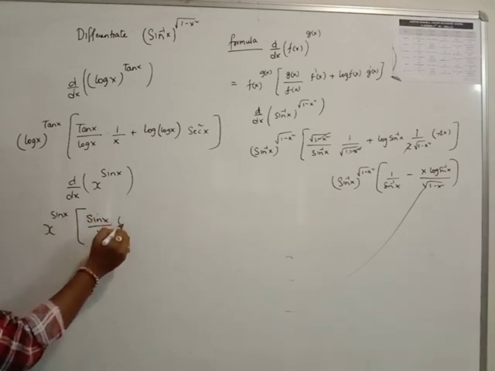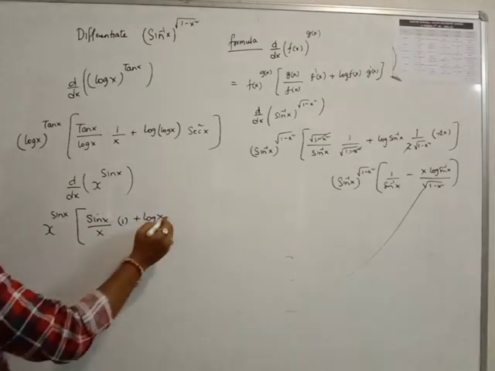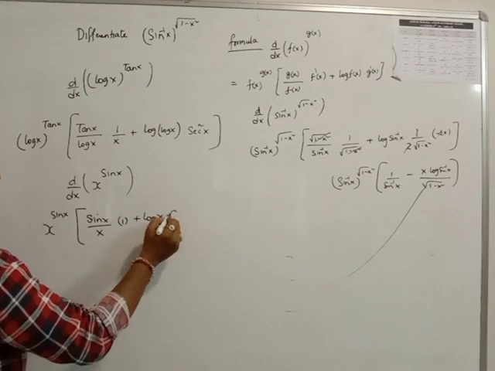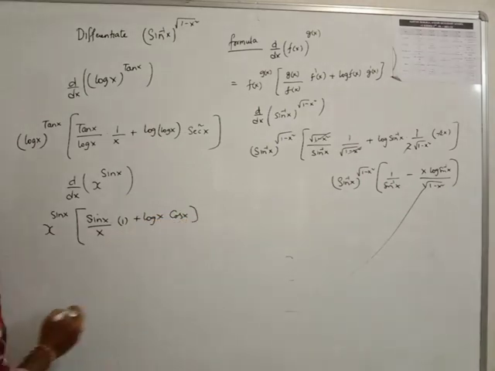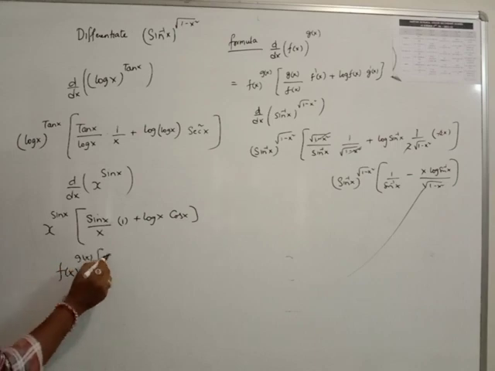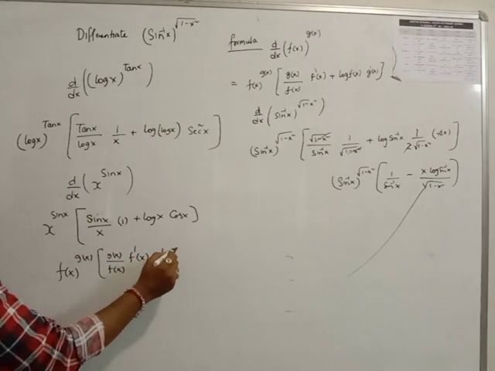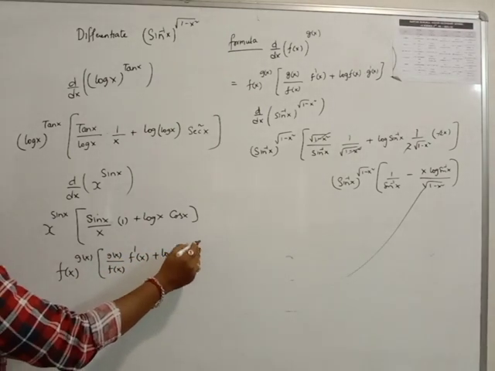Again the derivative of x is 1. Plus apply the derivative of the denominator. Again this is sin x, its derivative is cos x. So the formula is f of x to the power of g of x into g of x by f of x, multiplied with the derivative of f of x. Again apply the log f of x. Again the denominator there.